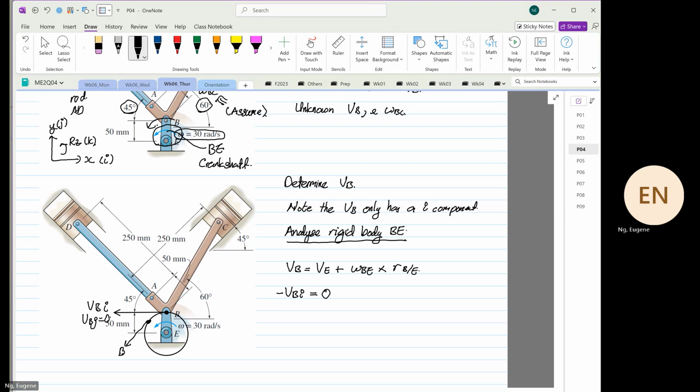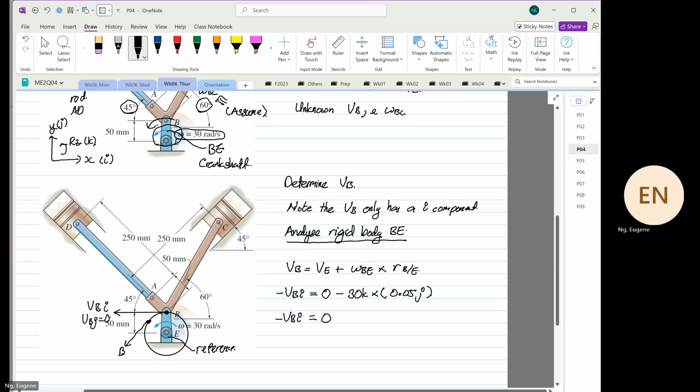Then we have minus 30K cross, now point B relative to this reference, so it is only in J, positive 0.05 J. So minus VBI is equal to 30K cross J. So K cross J is negative, so now this is going to be positive.